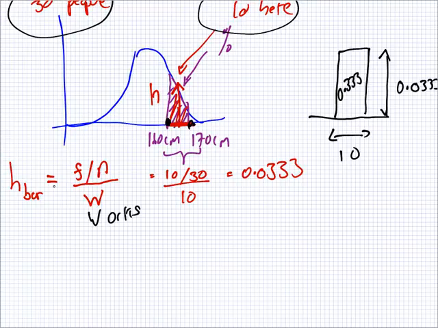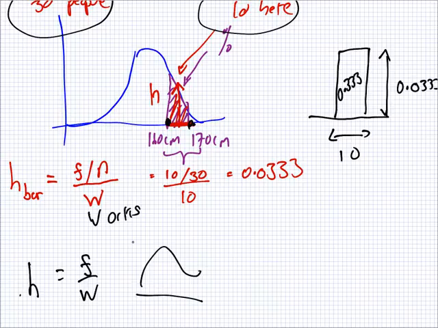Although in the exam, it's more common to not include the n. Does anyone know what would be the result if I use this formula for the height? F over W. Yeah, but if I use this formula, what would the area represent? Any ideas?